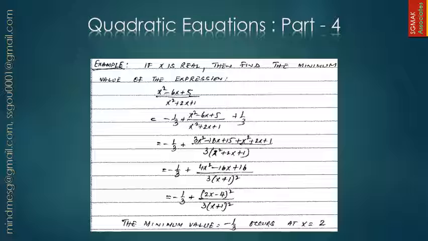Then we factorize it, we keep minus 1/3 separate, and then add 1/3 to that expression, and that gives us, through simplification, minus 1/3 plus (2x minus 4) squared over 3 times (x plus 1) squared. Now, since the second part is a perfect square, the minimum value of that part will be 0, and that takes place at x equal to 2. So the minimum value of this expression is minus 1/3 at x equal to 2.